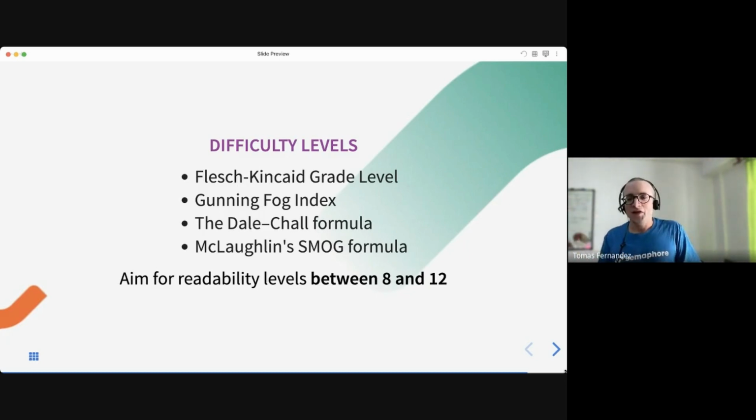Beyond 12, we are talking about people going to college or writing scientific papers. In general, we want to keep them between 8 and 12, which are reasonable values. I think easier is better. The lower the value, the easier it is to read. There are tools online to calculate this, and some of the tools that I mentioned, like Grammarly or Hemingway Editor, do that for you. They will give you the result.